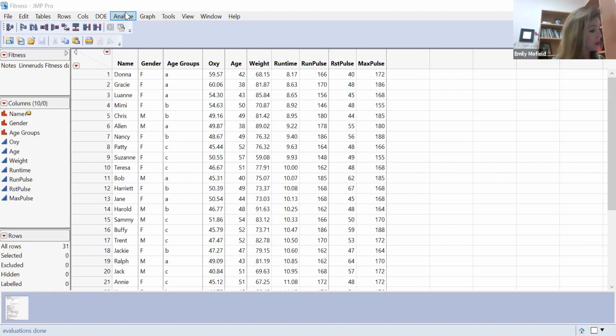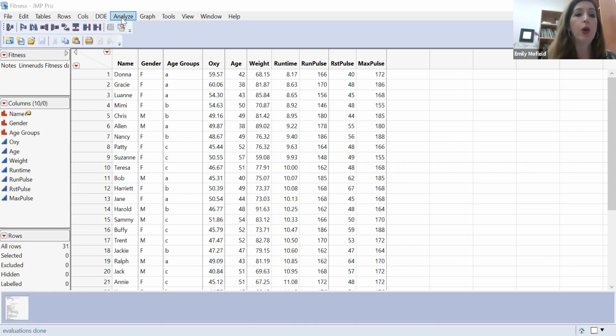So I want to know if age, weight, runtime, run pulse, rest pulse, and max pulse together make a model that predicts oxygen. So I'm going to see if the overall model is significant, and then I'm going to look at which ones of these are statistically significant.